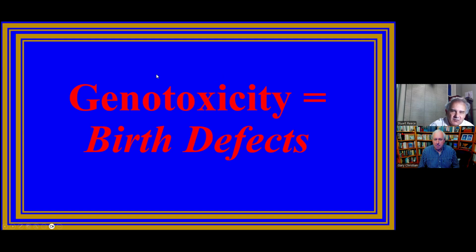Because the defects themselves are rare, you wouldn't really expect to see them in small studies. There are a lot of small studies which report a null result, but that's unsurprising given the rarity of these defects. These large series show very clearly that cannabinoid genotoxicity expressed in birth defects is a major epidemiological phenomenon of neonatal epidemiology.